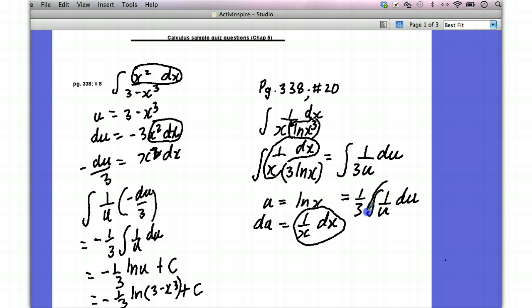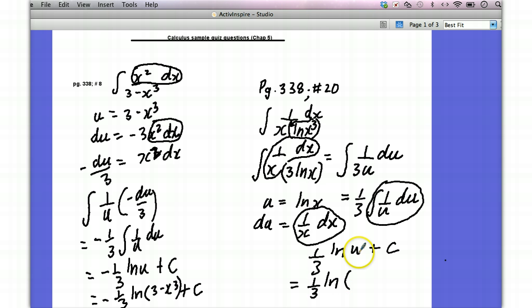and this is the simplest thing for us to do, right? It's going to be 1/3 times the natural log of u plus our constant. We always have a constant companion, and I'm so glad he never leaves us, never forsakes us, always with us.